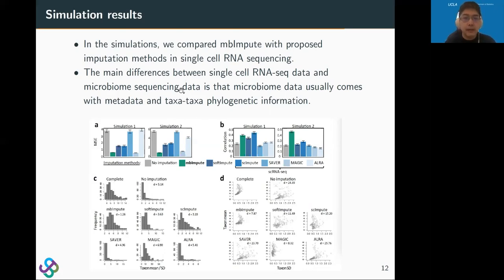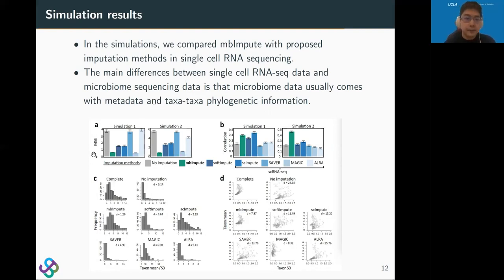So in our simulation, we first simulate a complete matrix. Then we introduce zeros to the complete matrix based on the pattern we observed in the real data. Then we perform our imputation method on the zero inflated matrix.